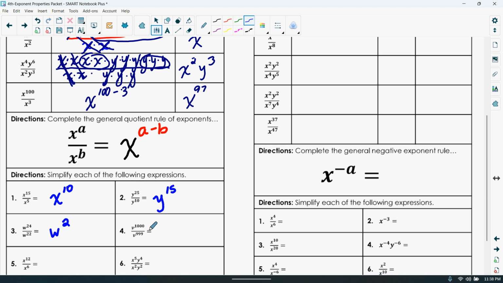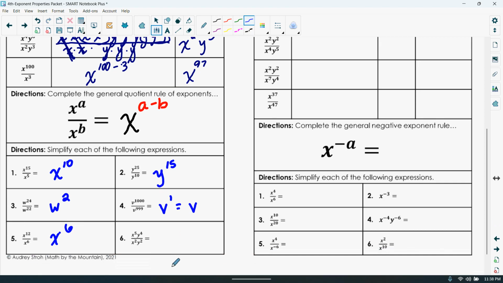Okay, this ends up being just v to the 1st power, which is just v. Here we would have x to the 6th power. And when I have more than one variable, you're still doing your x's. So 5 minus 2 is 3, so this is x to the 3rd. And then y, 4 minus 2 is 2, so y to the 2nd.